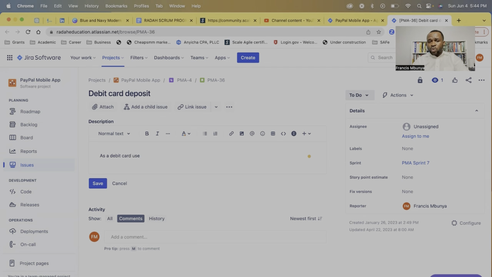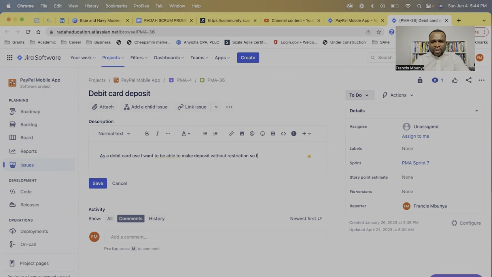What do we want to do? I want to be able to make deposits without restriction. We want to make deposits without restrictions. Why do we need deposits without restriction?